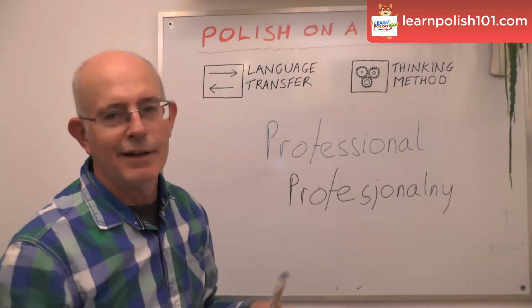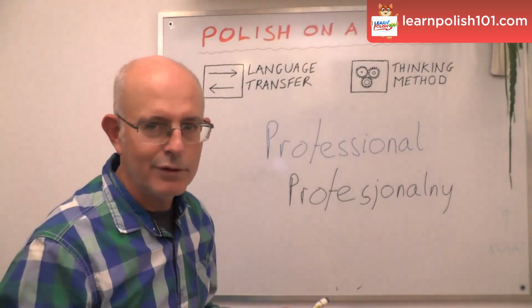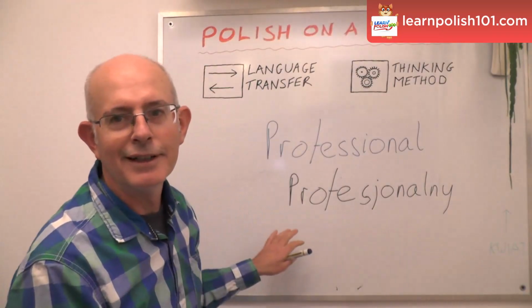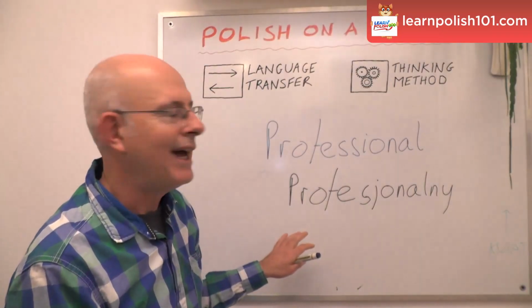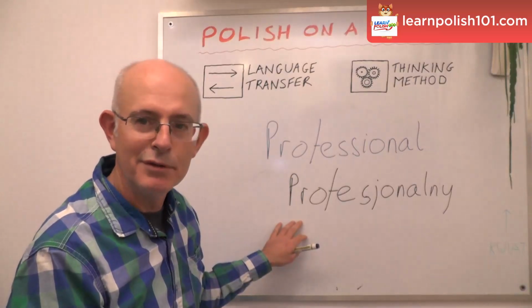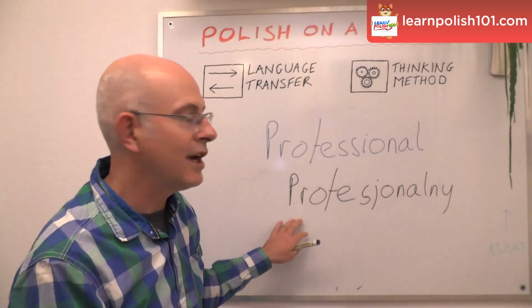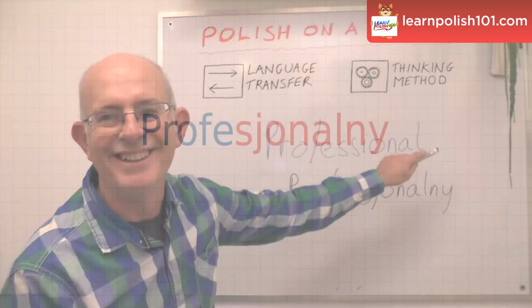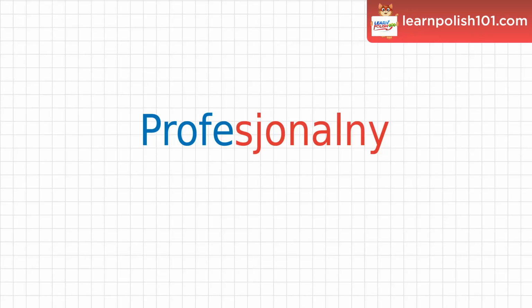Now when you get to Poland, or if you're already here, you will see this word and you will hear this word. And hopefully you'll be using this word yourself to describe either what you do or to ask people if their work is professional. Profesjonalny.